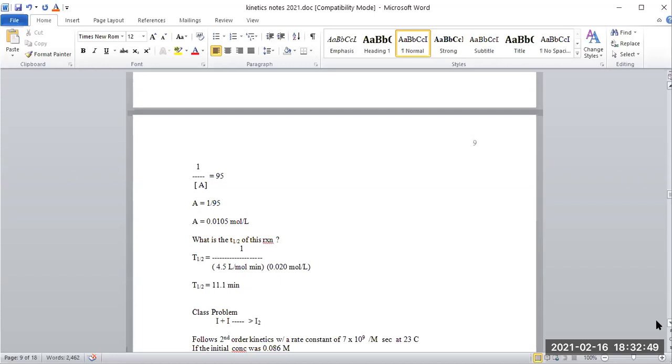This probably means that your homework will end up being due a week from Thursday. Basically, we'll have already finished the chapter and probably begun equilibrium before your kinetics homework is due.